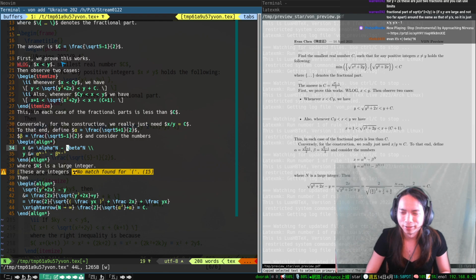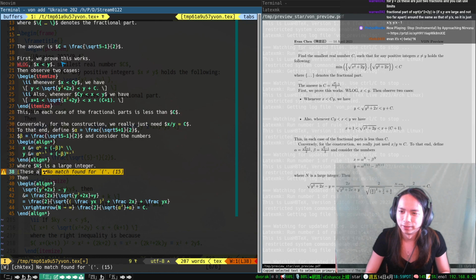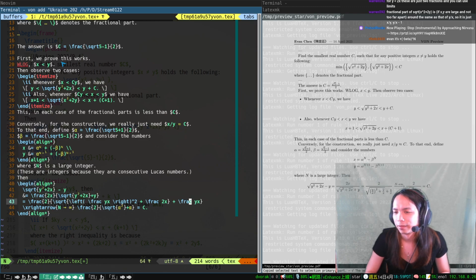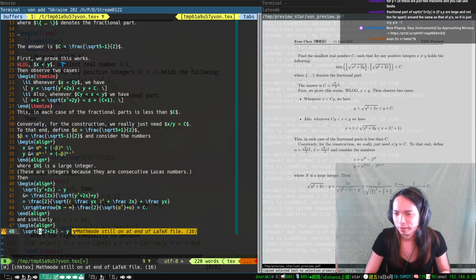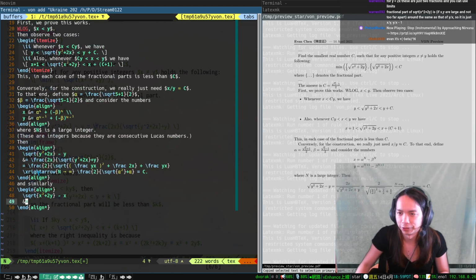Oh, is it minus beta? Are you serious? Oh, alright, thanks for the tip. Whatever makes them integers, I don't care. I should use Fibonacci's. These are integers because they are consecutive Lucas numbers. And similarly, it must work because the error term drops to 0. The error term in the previous calculation just drops to 0 and it's alright.